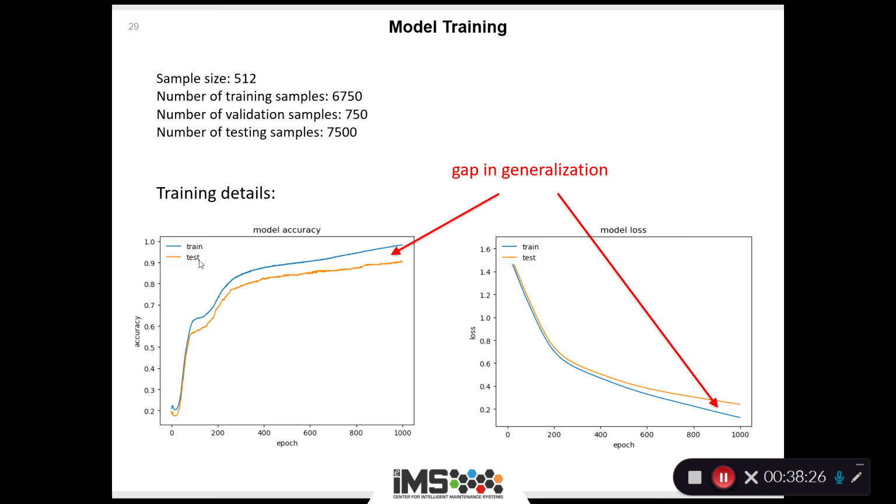That means the training and testing data are of course not identical. They don't have the same distribution, so there must be some gap in the generalization. And this is the model loss. We can always minimize our training loss, but for the testing loss, there is always some gap in the generalization. So this is a typical pattern in the training process of deep learning in fault diagnosis case studies.